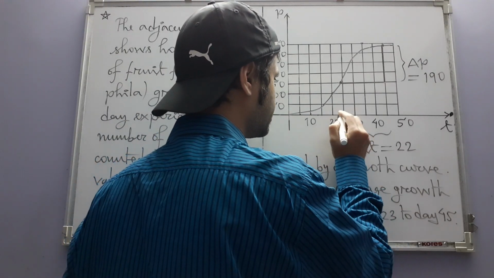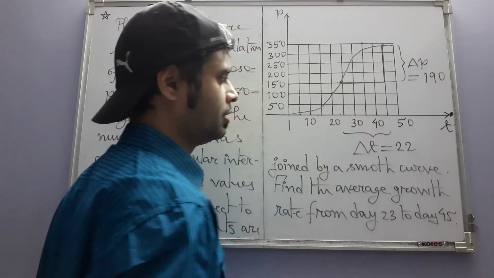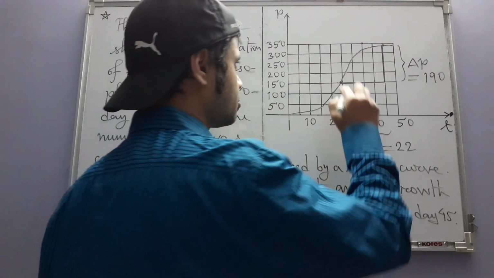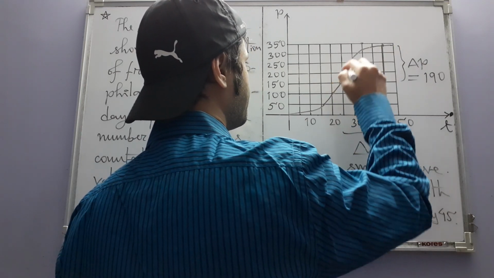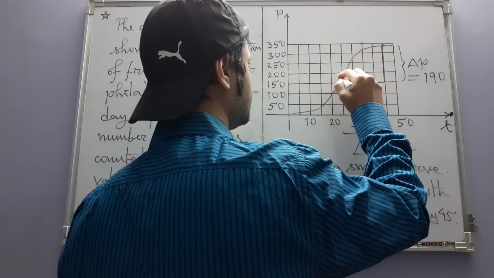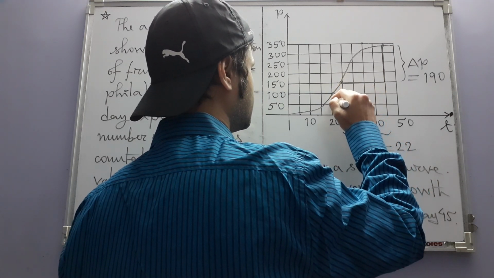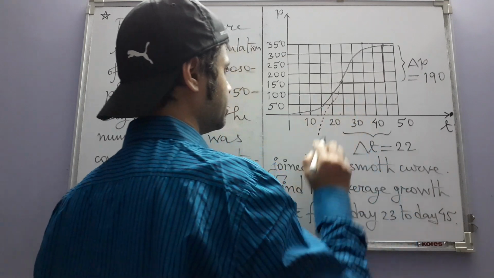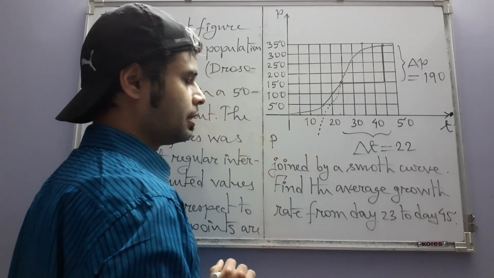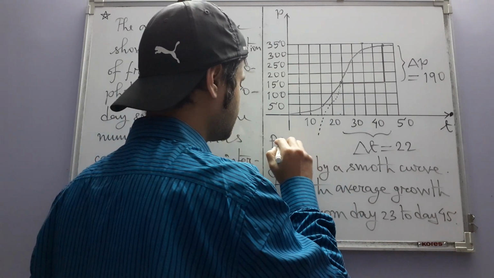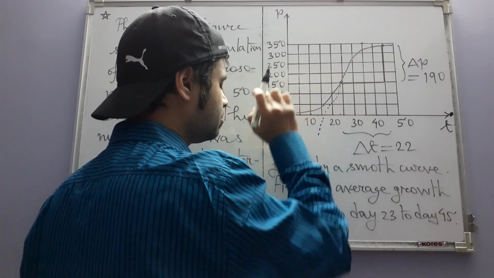But you can understand that this is 23, here we have somewhere 24 and then 25. So this point, we can call it P. I do not want to make it extremely cluttered. This point is P and its coordinates are 23, 150.